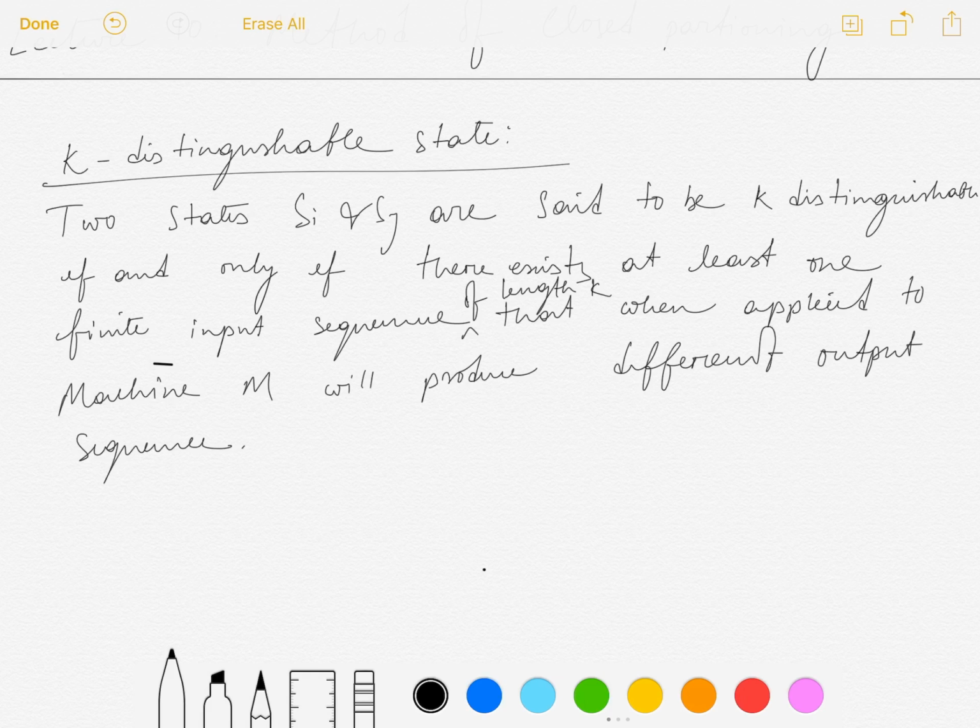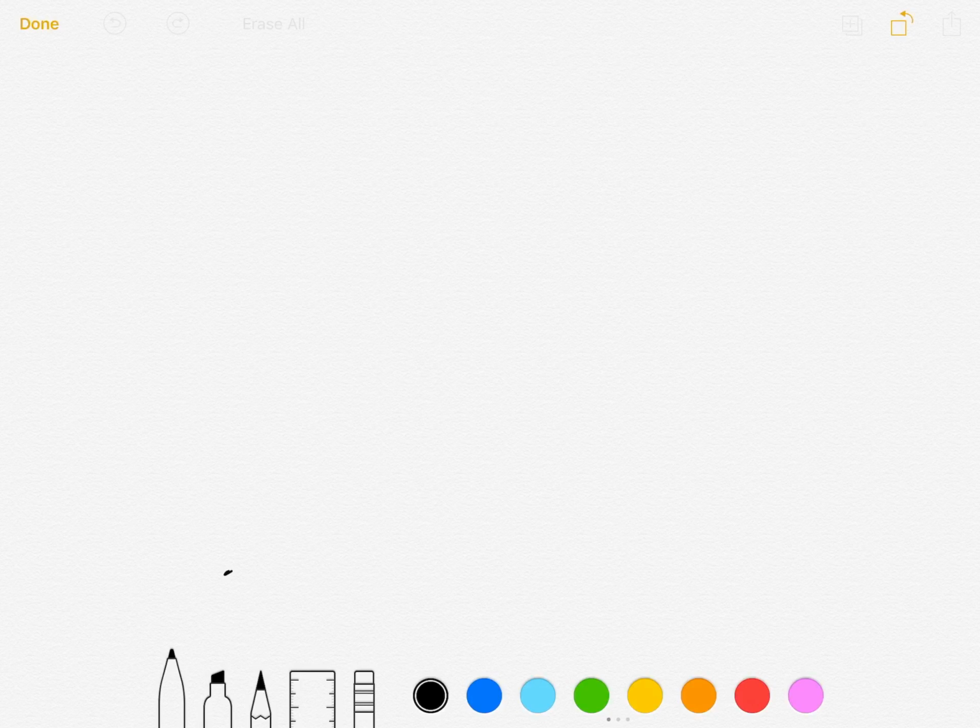Similarly, what is k equivalence of states? The definition will be the same, the only change that we have to make is this.